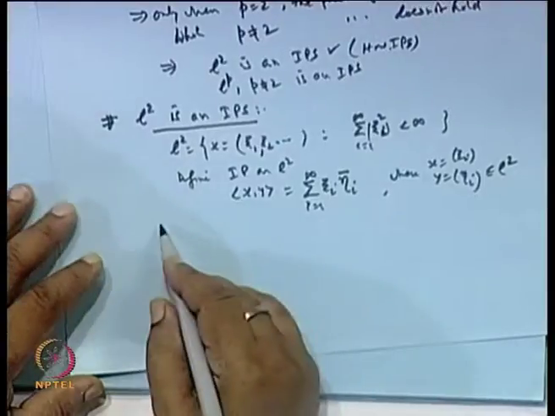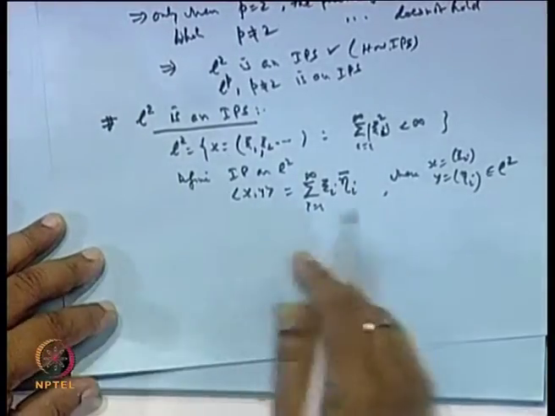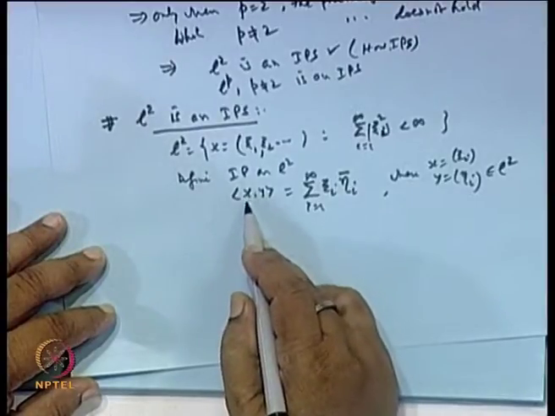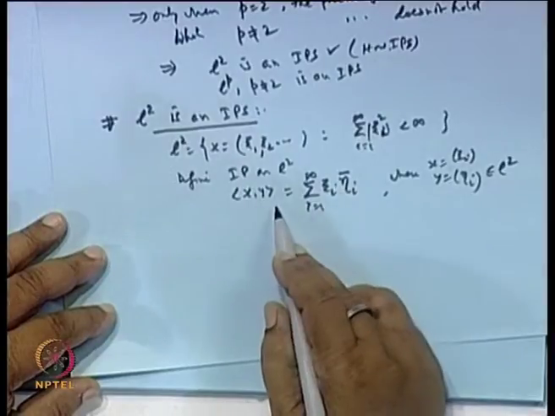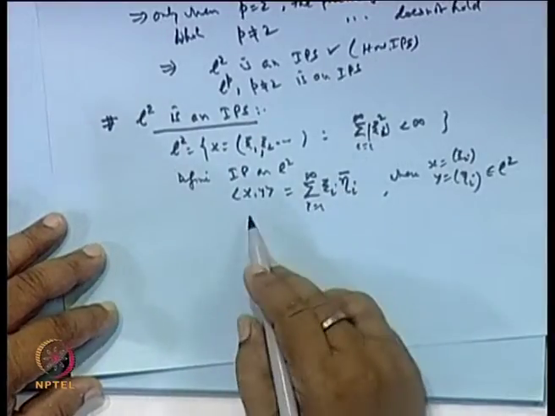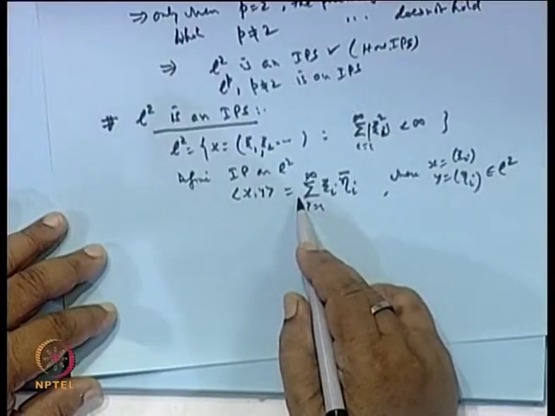Now, this will satisfy all the properties of the inner product. First is, if I replace x by alpha x plus beta y, here it will change. So, you can take alpha and beta outside. If I take alpha in the second place, then the conjugate sign is coming. Okay.